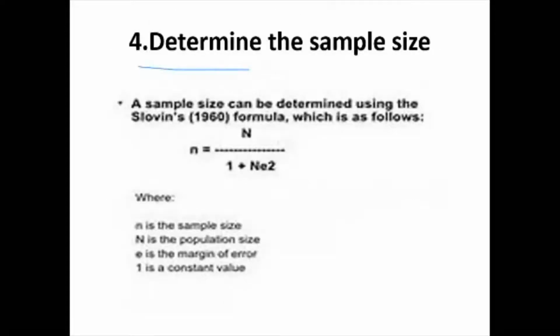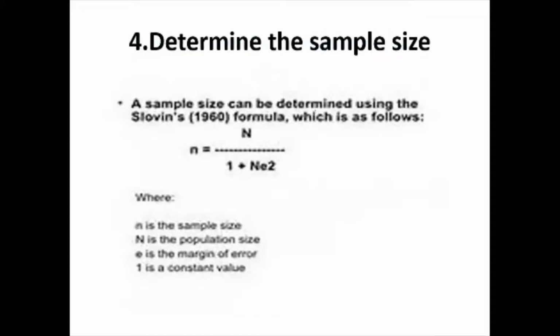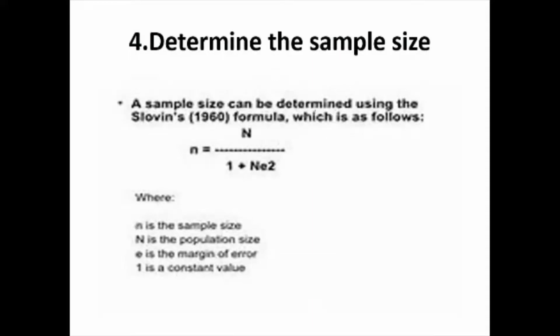The fourth step is to determine the sample size. As I said, we cannot decide the sample size randomly. There should be a scientific way to decide the number of respondents in the sample.